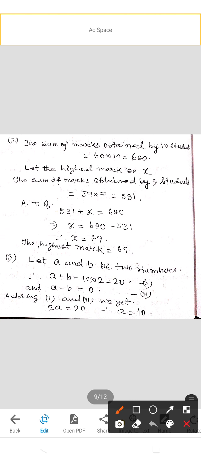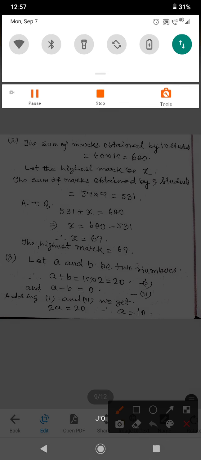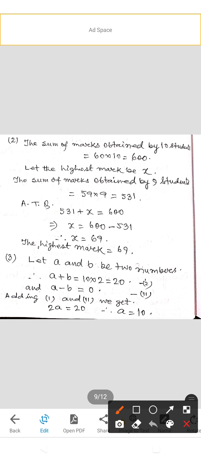Question number 2. The average marks of 10 students is 60. The sum of marks obtained by 10 students equals 60 multiplied by 10, equal to 600. If the highest mark is excluded, the average is 59. Let the highest mark be x. The sum of marks obtained by 9 students equals 59 multiplied by 9, equal to 531.